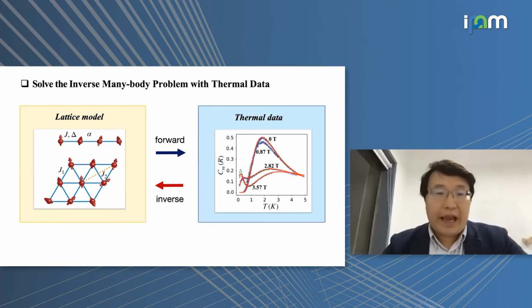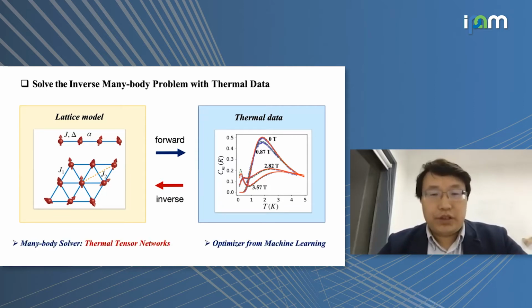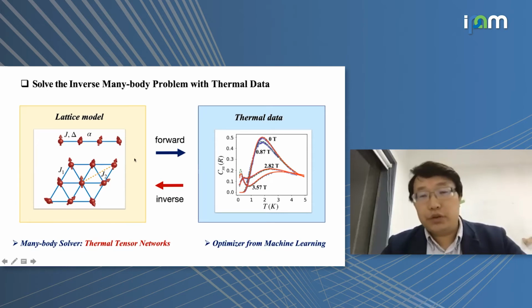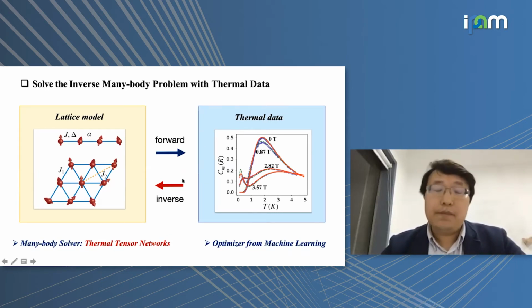So the tool we have in the forward process is thermal tensor networks. In 1D, we have multiple tools. In 2D, we have also recently developed a method called exponential tensor renormalization group that can do the forward problem rather well.